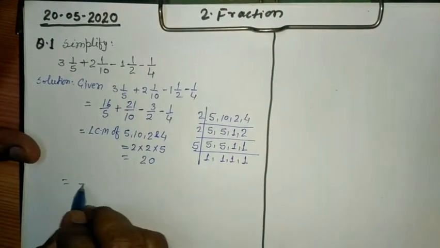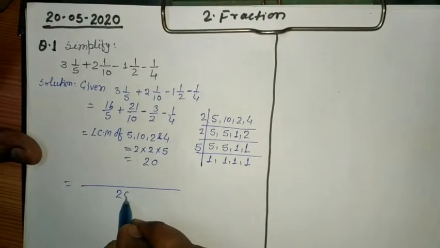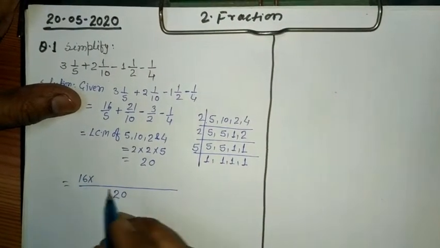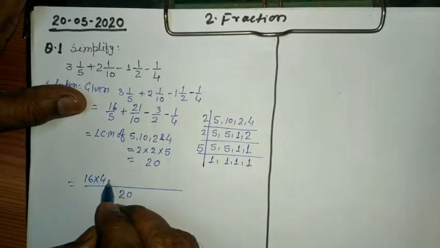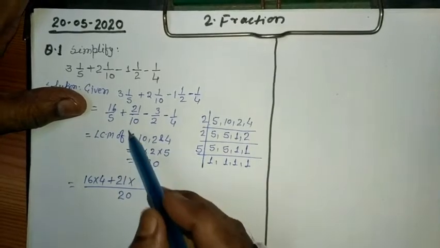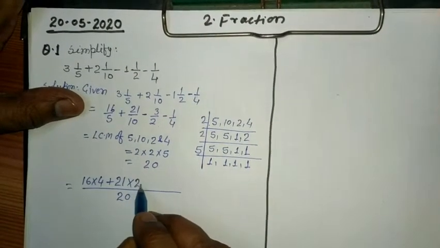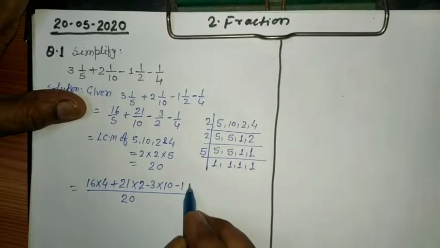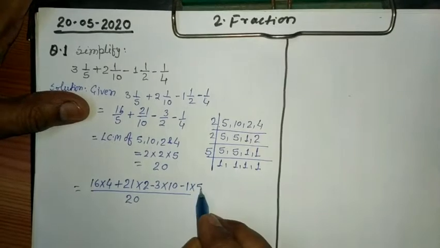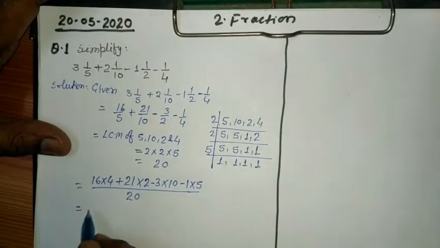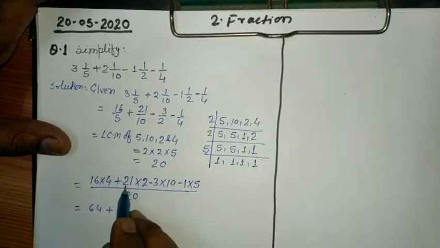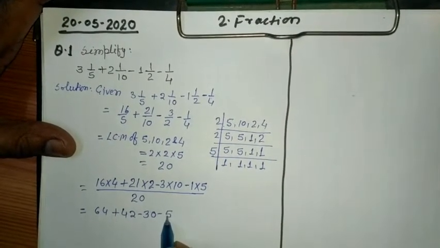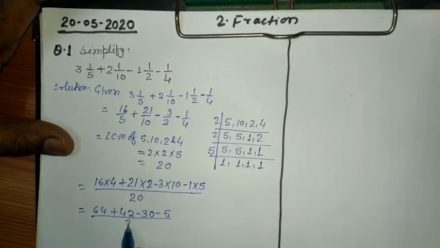Now we write the LCM, which is 20. 20 divided by 5 is 4, so we write 16 into 4 is 64, plus 21 multiplied by 2, 10 divided into 20 is 2, minus 3 into 10, 2 into 20 is 10, minus 1 into 5, 4 into 20 is 5, equal to 64 plus 21 twos are 42 minus 10 threes are 30 minus 5 ones are 5 upon 20.